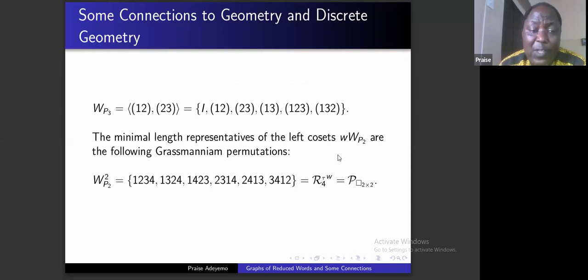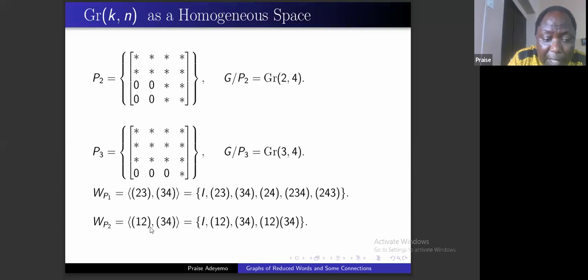You know, in Sn, the Weyl group is isomorphic to Sn, and we have 24 of them for S4. And for W2 that I have here, there are 4 elements in the subgroup.